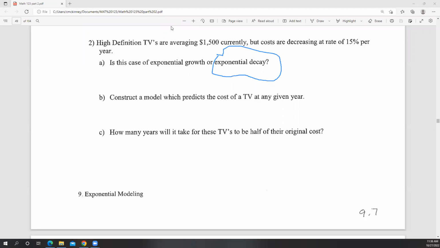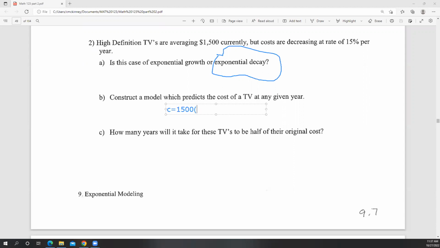Sounds like we're going to build stuff, but not quite. So we could say that our cost equals, or you could use Y, our beginning is 1,500. And then if it's decreasing at 15%.